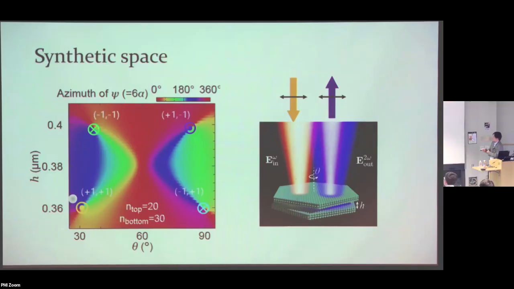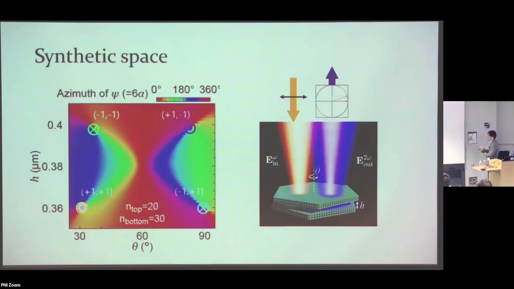And now if I go to a different singularity, let's say the yellow one, where the winding direction is opposite, and you do the same thing, the polarization will rotate in the opposite direction by 180 degrees. Now, what if I directly go to one of these singularities? What's going to happen is that although what I'm putting in is linear polarized light, what I'm getting out is actually perfectly circular polarized light.